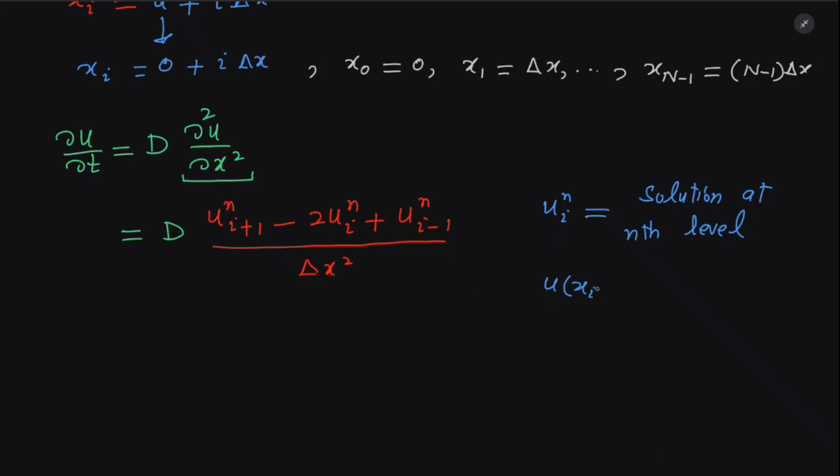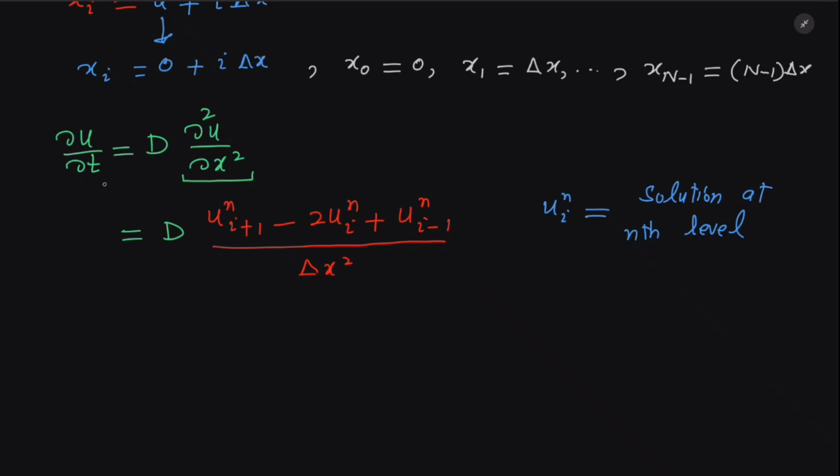When we have x_i, it means that the domain is discrete, not discontinuous, the domain is discrete. So the solution u is also discrete, and we write it like this. And for the time interval, we use n. n means you are using the solution at time interval n, at the nth level, since u is a function of x and t.